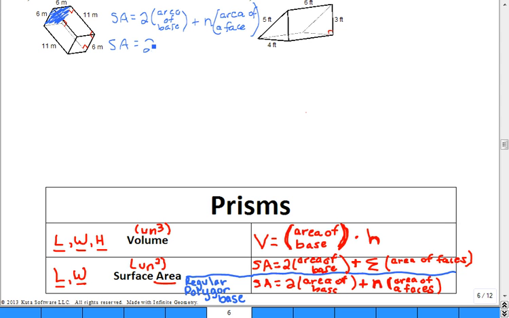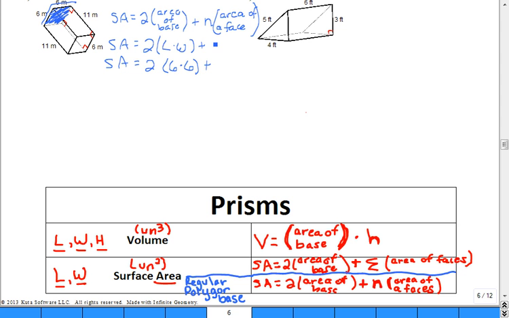So the area of my base is going to be 6 times 6, since it's length times width for any type of rectangle. So I'm going to make another line here and fill that in. So it's 6 times 6.